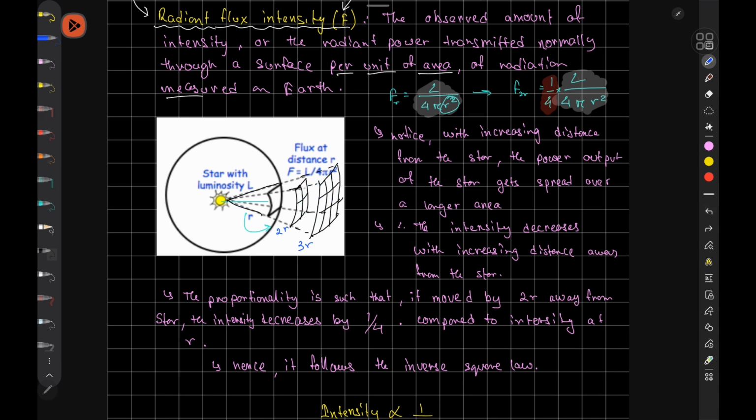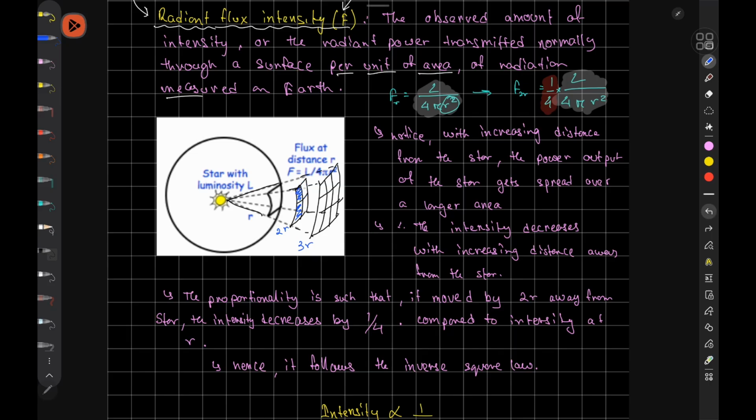Do we get that? Now look, at our distance r the light was covering 1 square unit box. The moment you go 2r away, the same amount of light is covering 4 square unit boxes.